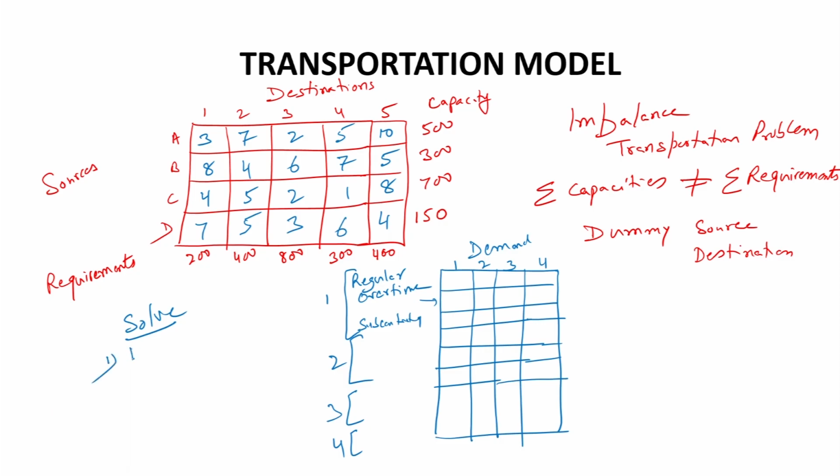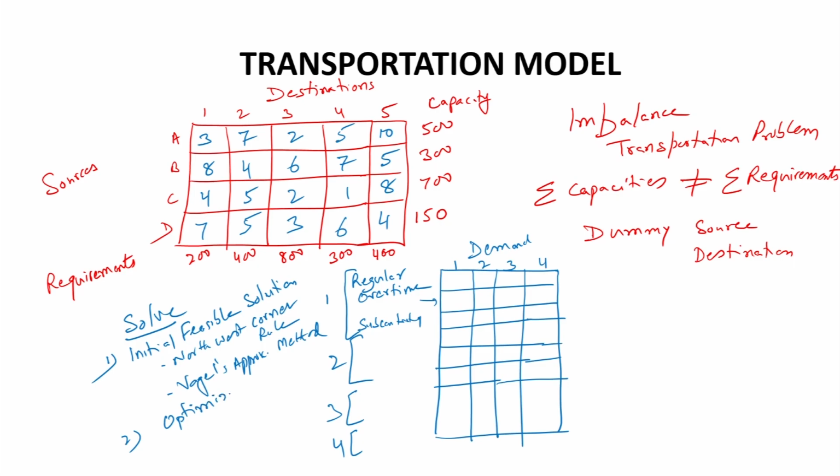In step 1, we find the initial feasible solution using the northwest corner rule, or Vogel's approximation method. And then in step 2, we optimize using the UV method or the stepping stone method.